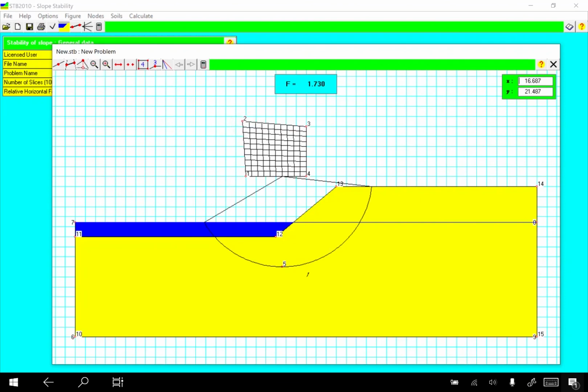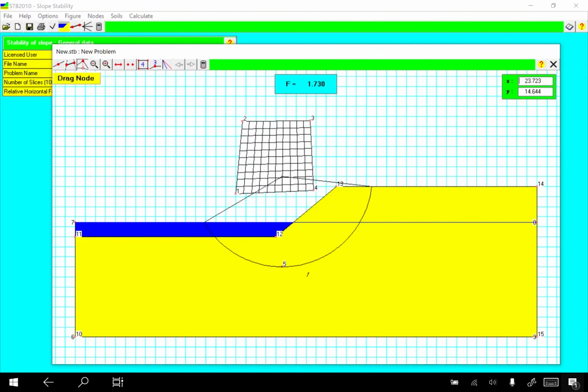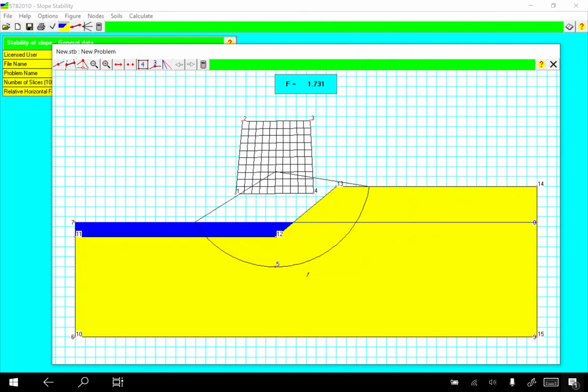I just do it in a very sloppy way just to show you the idea. Let's run it again. The safety factor now is 1.730. Now if we change it, we get 0.731. That means the previous one actually is the worst situation.